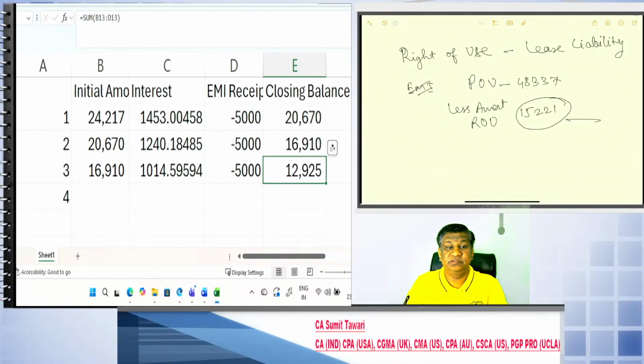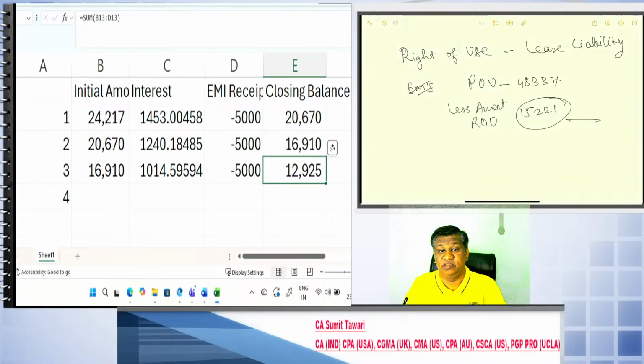Okay, so this divided by 3. So the lease amortization I am going to reduce equally, but the liability I am going to reduce with this amount, that you need to keep in mind. But the ROU asset I am going to reduce with this amount. In operating lease, the same amount I am going to reduce from lease liability and the ROU asset. But in finance lease, I need to reduce the ROU asset equally, like straight line depreciation or amortization.